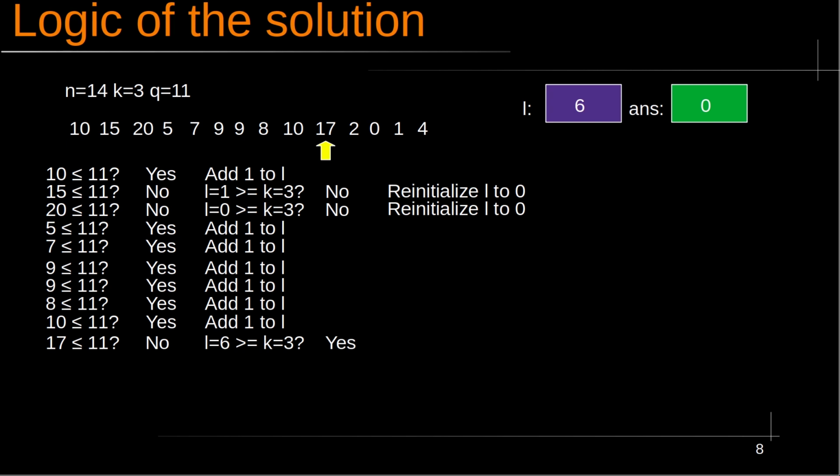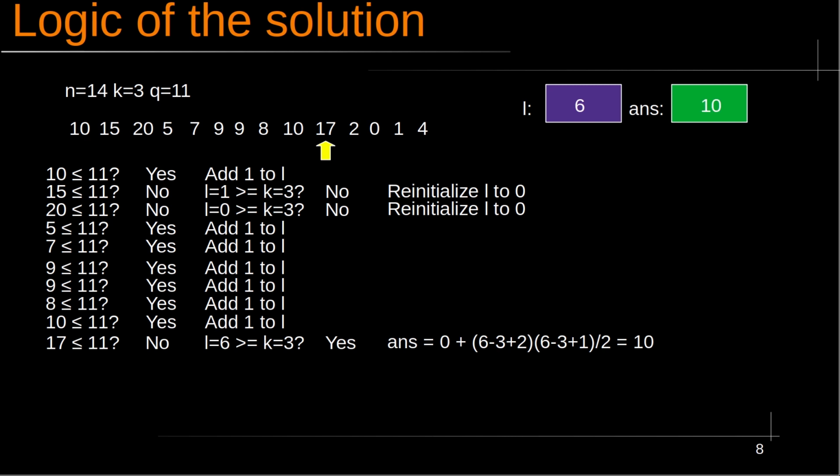So what we're going to do here, we're going to compute the answer using our formula. So the answer first is equal to 0. We're going to use our formula (L minus k plus 2) times (L minus k plus 1) over 2, which is equal to 10.